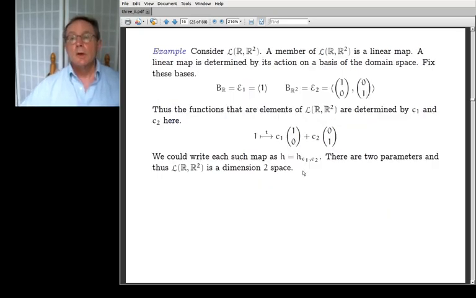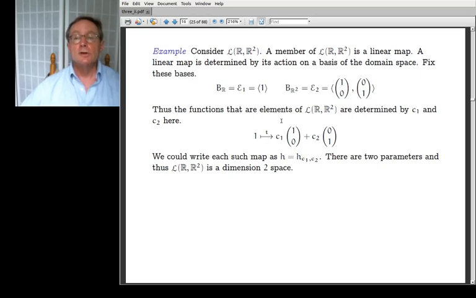Another example. I'm going to look at the linear maps from R to R2. A member of script L of R to R2 is a linear map, and a linear map is determined by its action on a basis. So I'm going to fix bases. I fixed the canonical basis for the one-dimensional space and the canonical basis for the two-dimensional space, the plane.